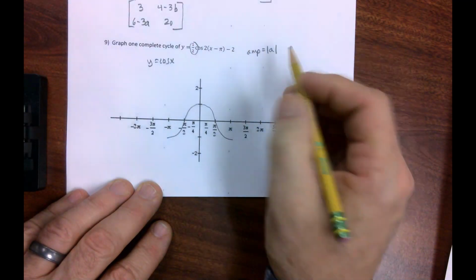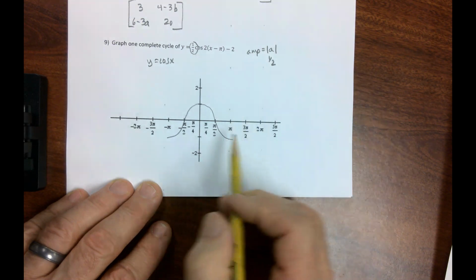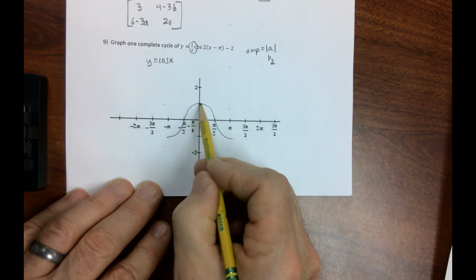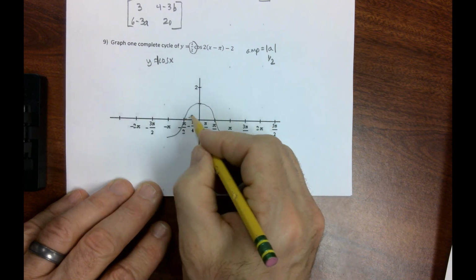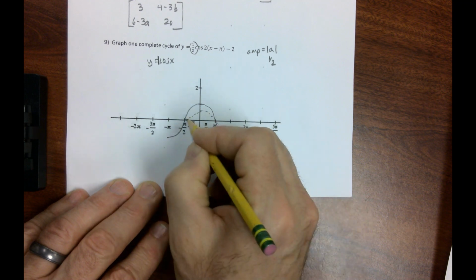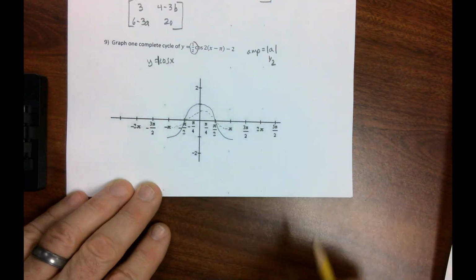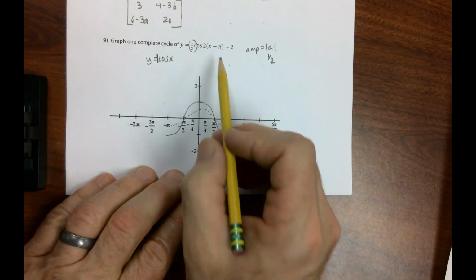So there's my amplitude, the absolute value of a half, which is just a half, which means it doesn't go up 1, because remember this had a 1 there, so it only goes up halfway. It only goes down halfway. Again, I use dotted lines until I'm done. Then I start introducing more colors so I don't get confused.